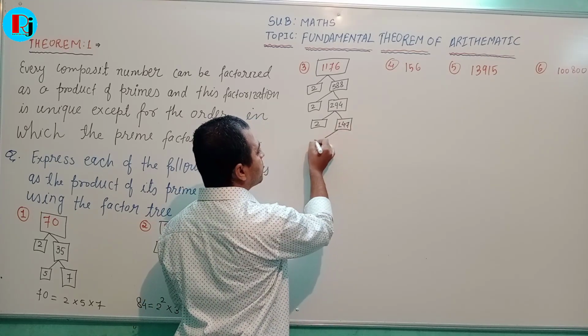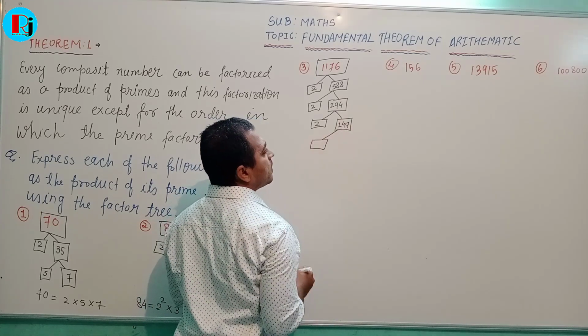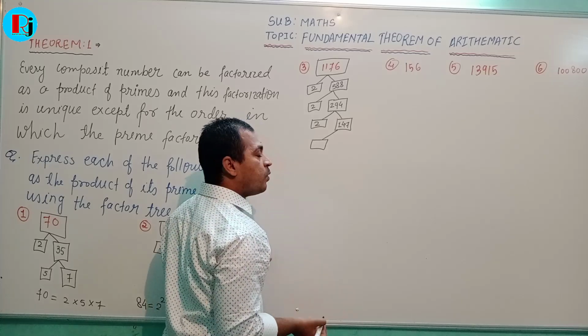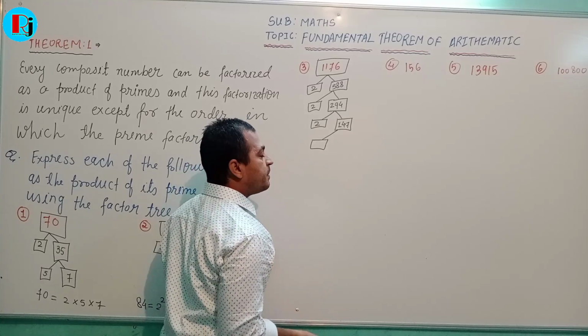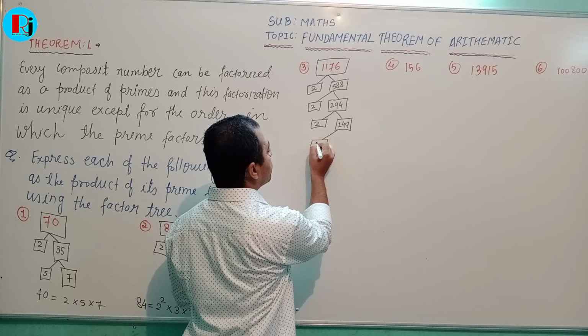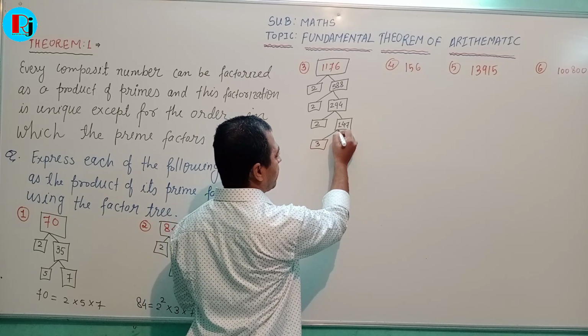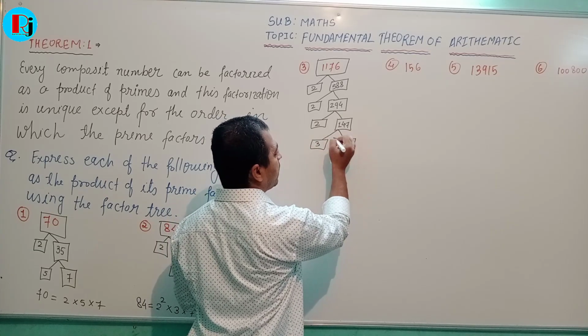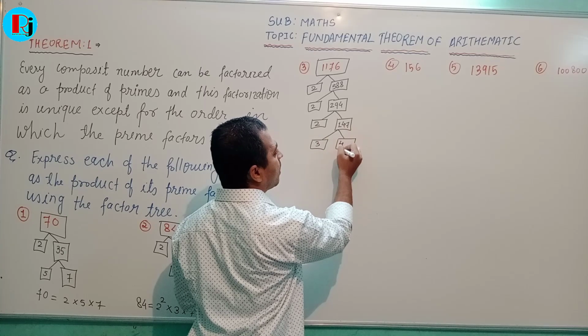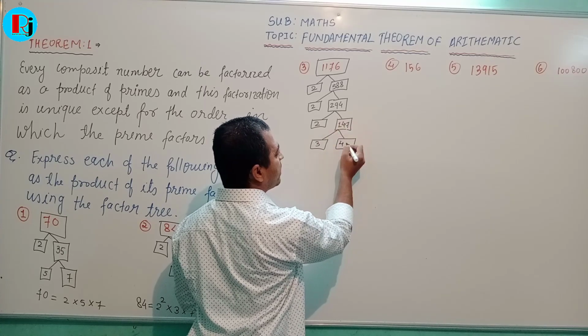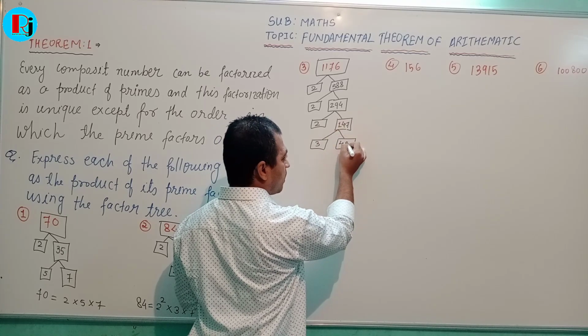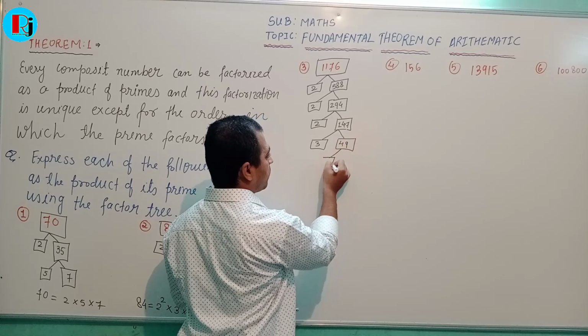Again students, 147 is to be split further. First of all, trying with 3: 3 fours are 12, 2 is over here, means 27, 49.